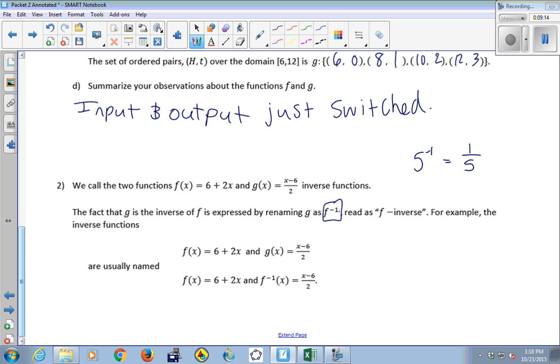So we think of 1 over 5 as the multiplicative inverse of 5 because they undo each other. 5 times 1/5 gives you 1. That's why we use this to the negative 1 notation. Usually we would write f of x is 6 plus 2x, and instead of g of x, we would call the other function f inverse of x, (x minus 6) over 2.